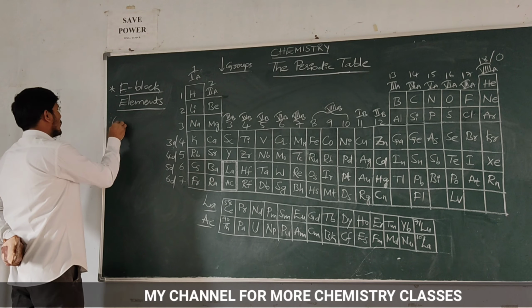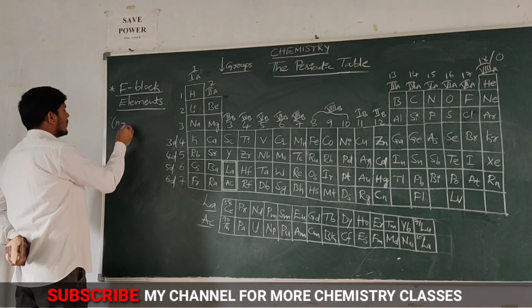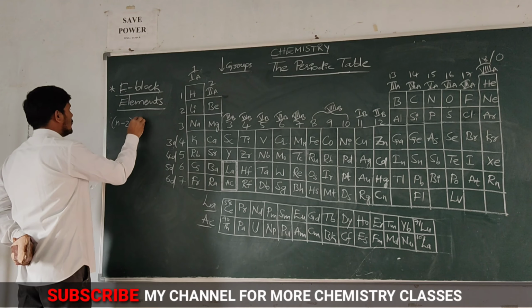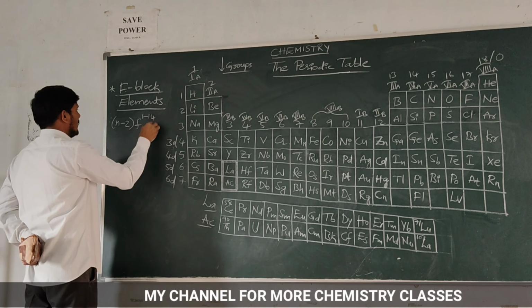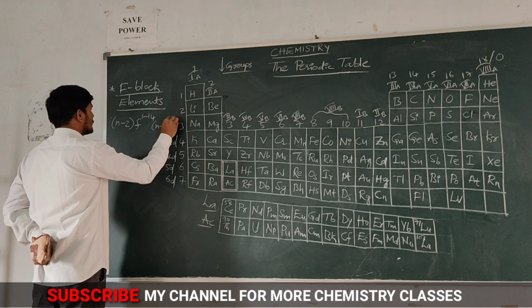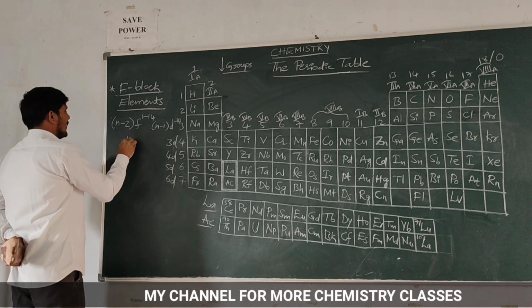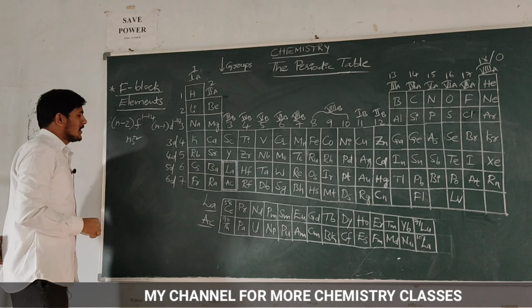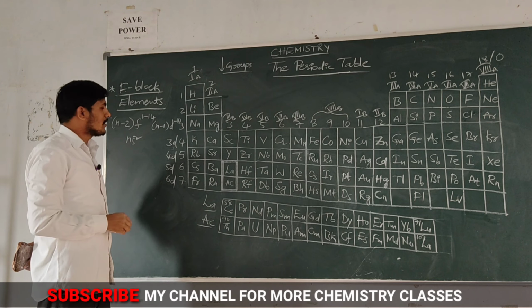The general electronic configuration of F block elements is (n-2)f1 to 14, (n-1)d1 to 10, ns2.